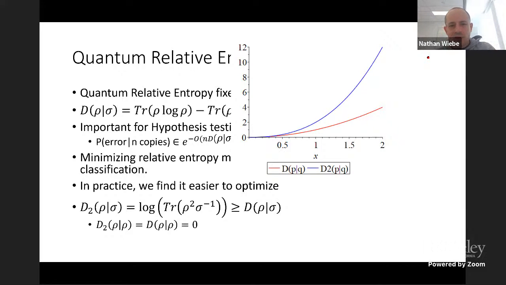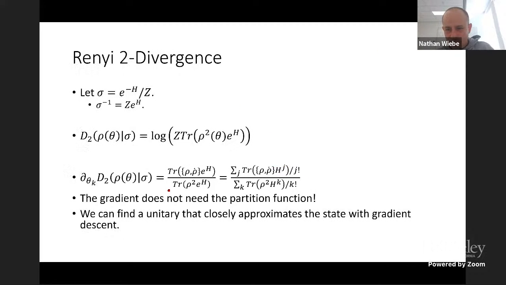So this is one of the reasons why, although it's not as good as optimizing the quantum relative entropy directly, it's the next best thing, and it's vastly easier to optimize because of the lack of matrix logarithms. You can see that because it's the logarithm of the trace here, not the trace of the logarithm. So this is just an ordinary logarithm that we can differentiate using ordinary rules of calculus.